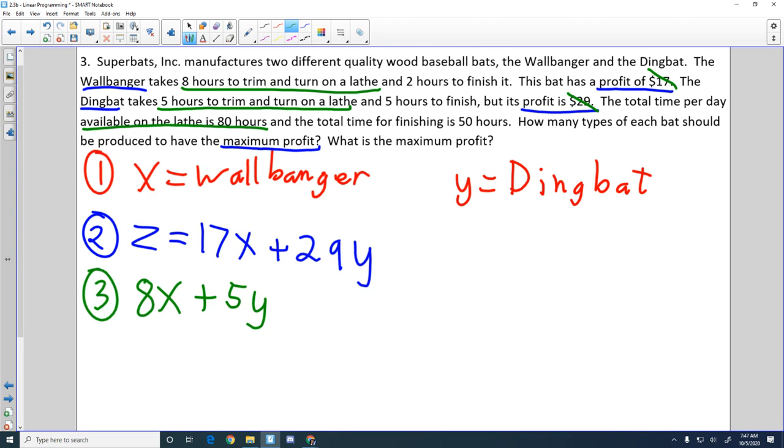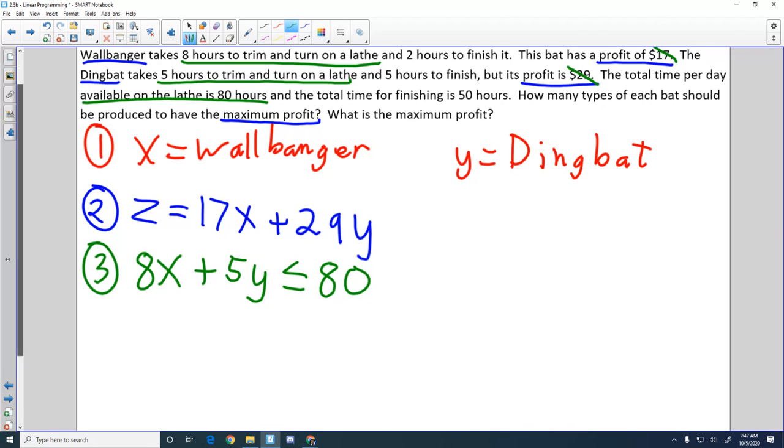Then all that time that I'm spending on the lathe with these two different types of bats can't go over that 80, because I only have 80 available hours. So this has to be less than or equal to 80. So that's like taking a big block of wood and basically getting it into the shape of the baseball bat that I want.